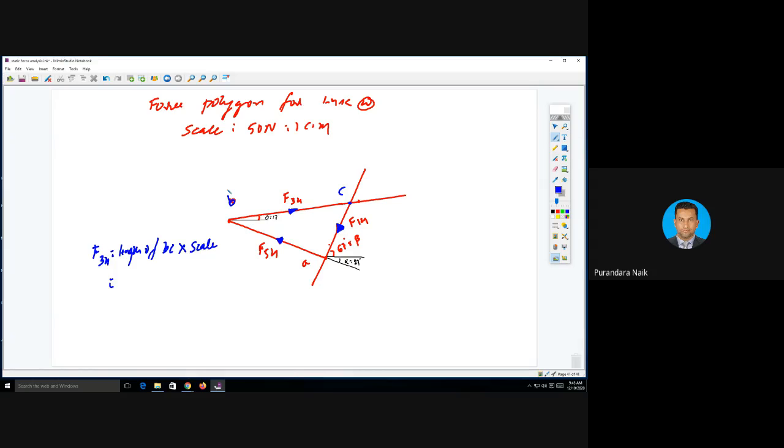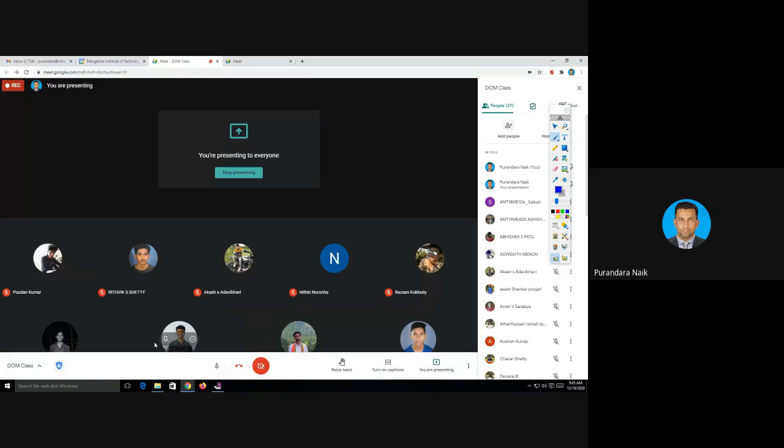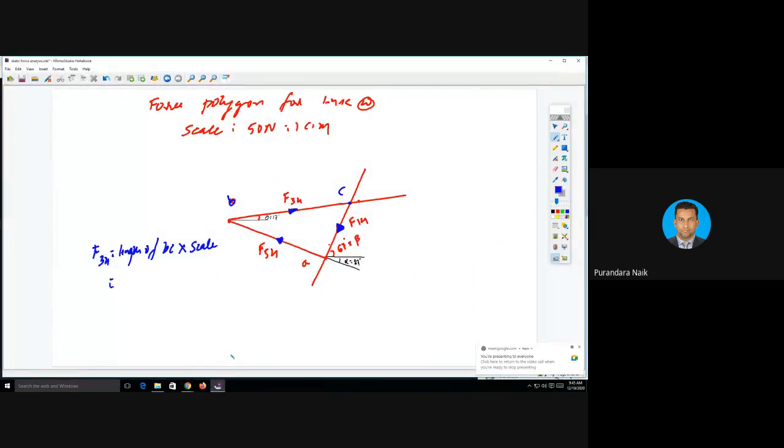Can anyone tell me the answer for BC? 7.5. 7.5 centimeter into 50 Newton per 1 centimeter.